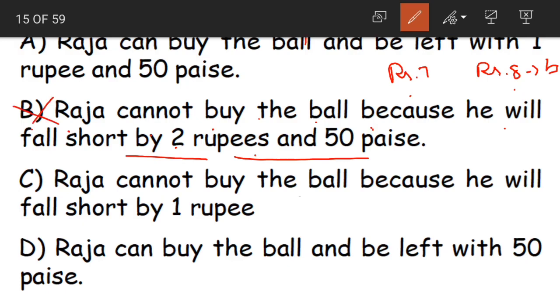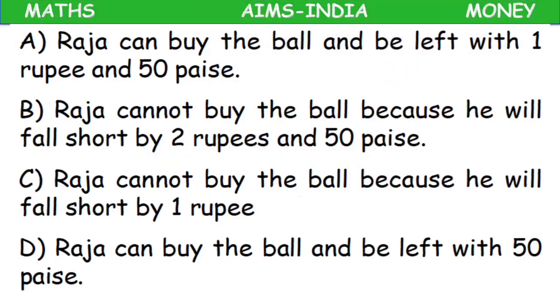Coming to option C, Raja cannot buy the ball because he will fall short by 1 rupee. Yes, this is our correct option. Raja cannot buy the ball. Why? Because see, the cost of the ball is more than the amount that he has. He cannot pay for it and he will fall short by 1 rupee. Option C becomes our correct answer.